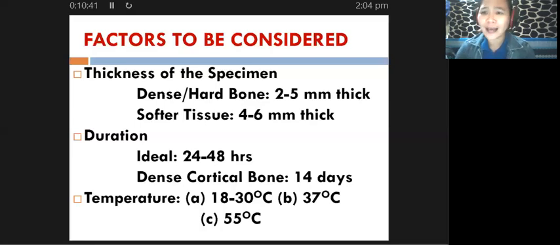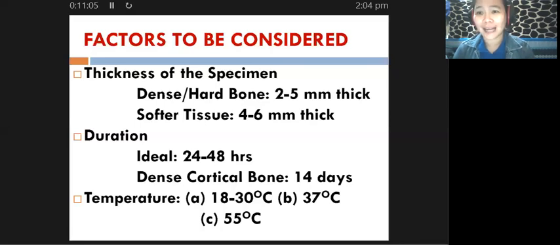So be careful, guys. Do not just leave, because when you come back, you will lose your tissue sample. In Tagalog, pag umalis ka, baka pagbalik mo wala na.